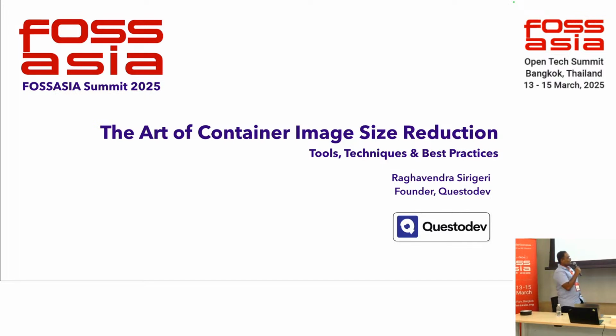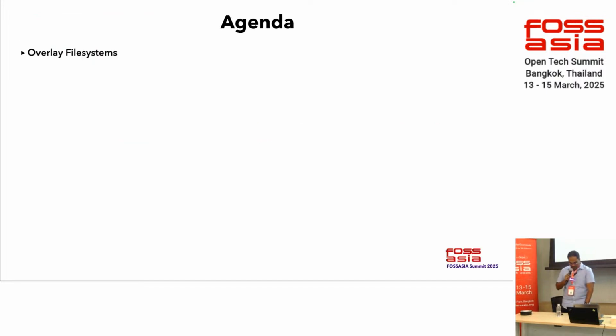The talk will be outlined in about 7-8 steps. First we'll go into a concept called overlay file systems. This is an important concept that everyone should understand if you really want to understand how containers work inside out.